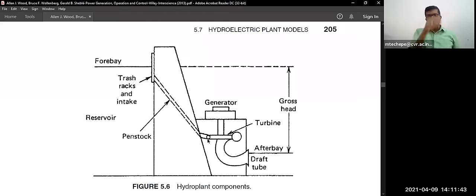You will not find only one series of penstock, you will have some 5 to 10 penstocks, because once a penstock fails, you can easily switch over to the next penstock and next machine. And also, in a hydropower station, you will not find only one generator. You will find a series of generators. So 100 megawatt generators means 100 megawatt into 5, or 200 megawatt generator means 200 into 5, like that. 5 to 10 generators will be there.